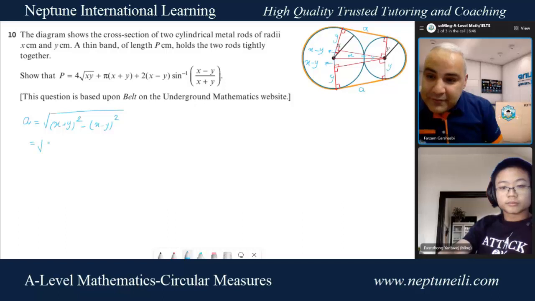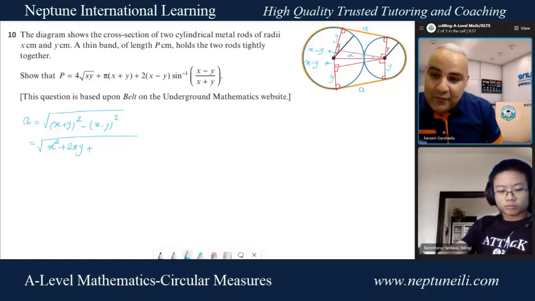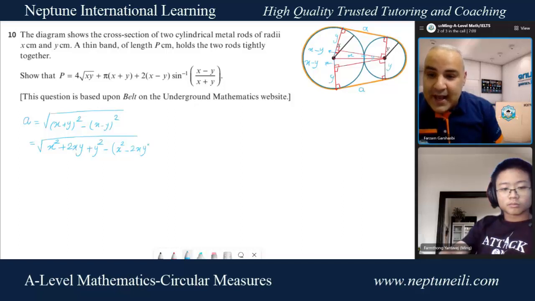So we have root of, that becomes x squared, yeah, plus 2xy plus y squared minus, this becomes x squared minus 2xy and plus y squared, correct?